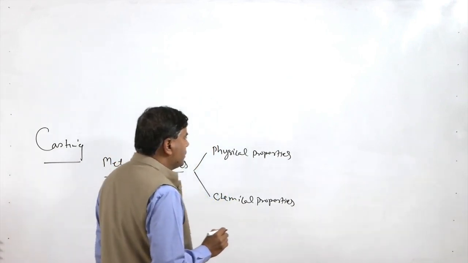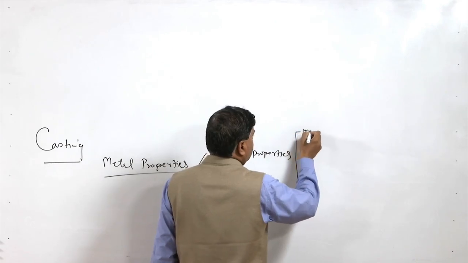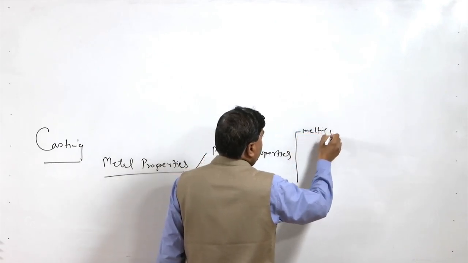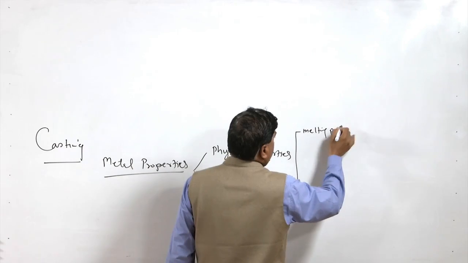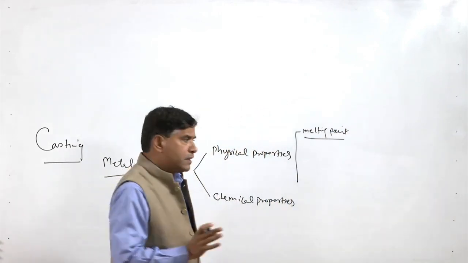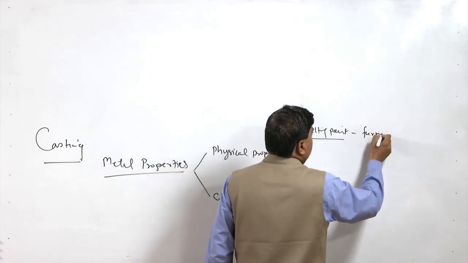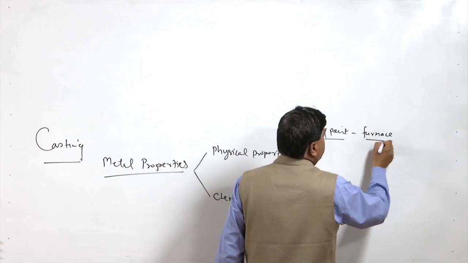If we try to see what the physical properties are that are important, the first is the melting point of the metal, and it must be considered for determining the kind of furnace or melting facility to be used.